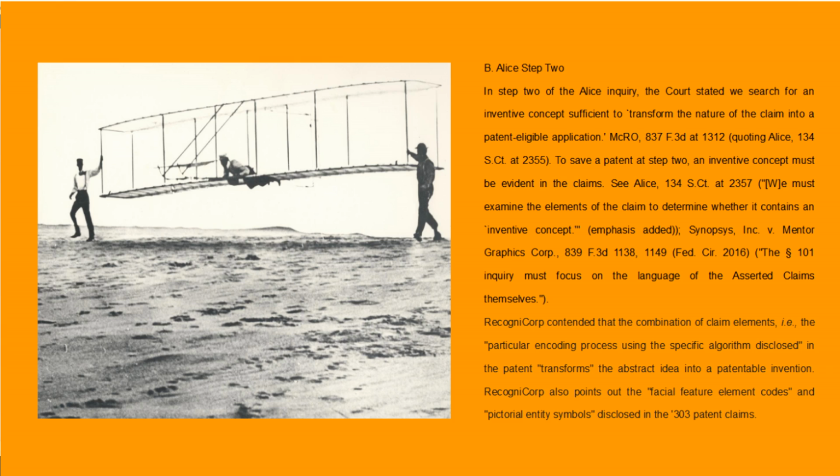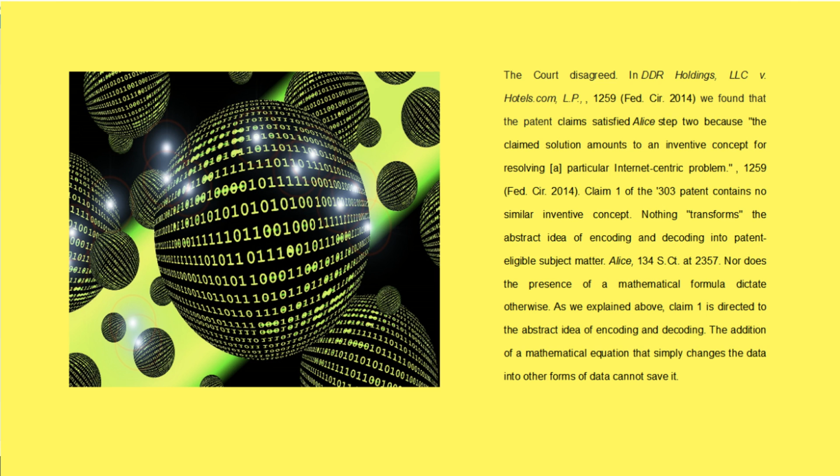Recognicorp contended that the combination of claim elements, the particular encoding process using the specific algorithm disclosed in the patent, transforms the abstract idea into a patentable invention. Recognicorp also points out the facial feature element codes and pictorial entity symbols disclosed in the 303 patent claims.